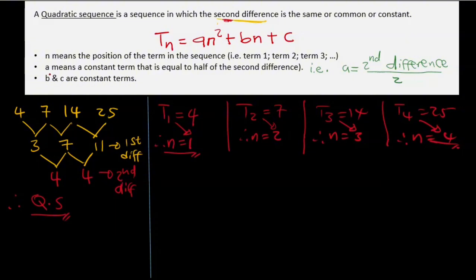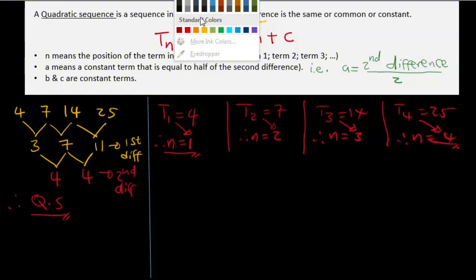Now let's try to explain what A means in this equation. A means a constant term that is equal to half of the second difference. Now, we know what the second difference is.